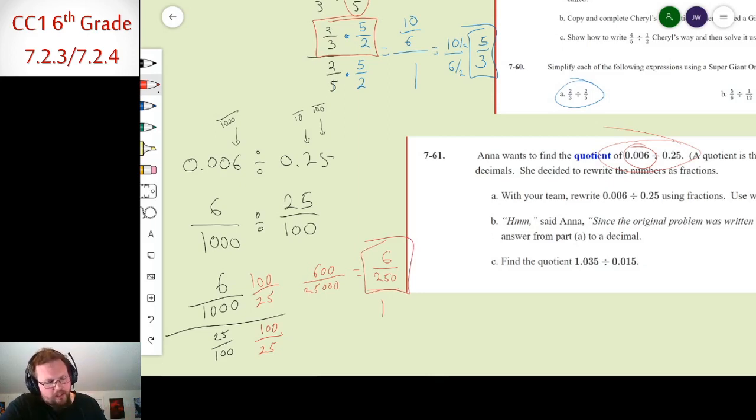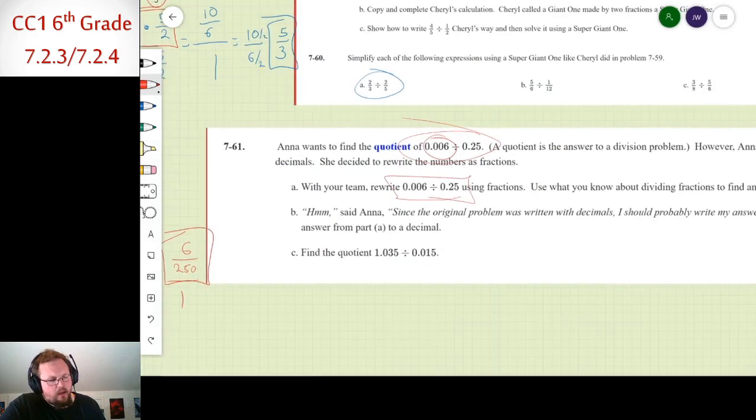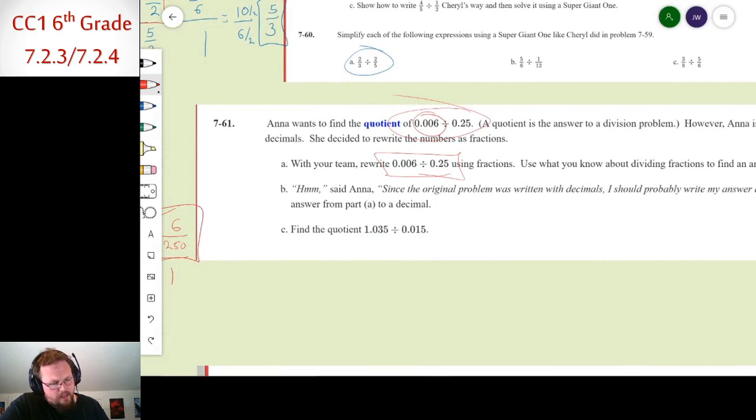It's really just a trick for doing this. I personally, if I am asked to divide fractions, will take the decimals and put them into a fraction, 0.006 on the top, 0.25 on the bottom. There is a trick with multiplying by tens, and I will look at this and say, well, there's 3 decimal places here, so I'm going to multiply the top and bottom by 1000.